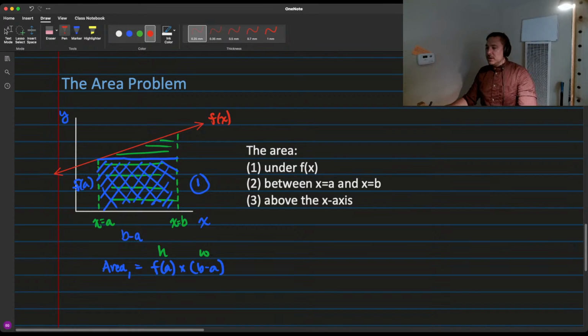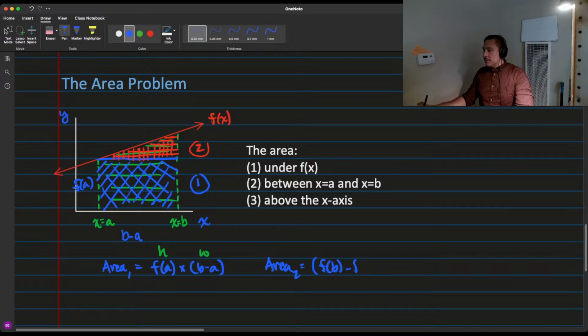Now you have another region. Let's call it region 2, and put it in red. What shape is region 2, the leftover? It's a right triangle. Let's write this down. For area 2, the height of that triangle is f of b minus f of a, because you can plug b in and get the height right here, and then subtract the height right there.